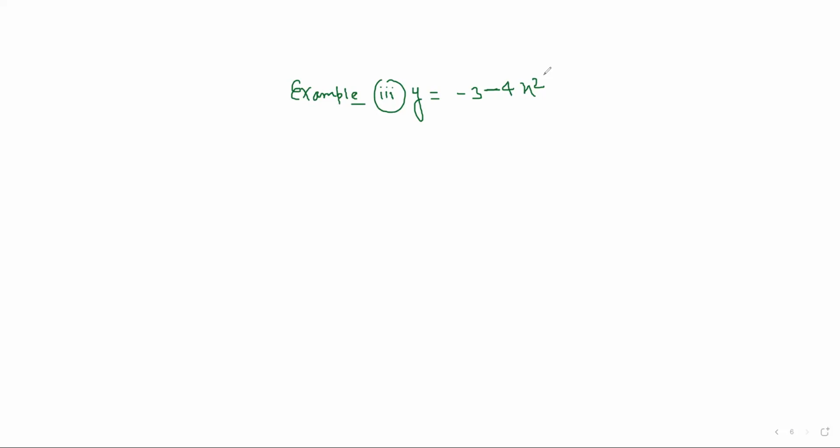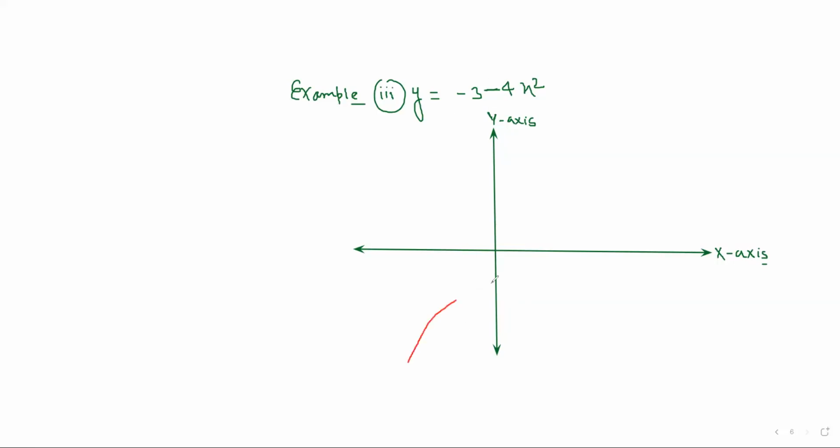So beta, just draw the xy plane. This is the y-axis, the x-axis. The graph is a downward parabola, no doubt, and the graph lies on the y-axis because x will be 0, sorry, b is 0.